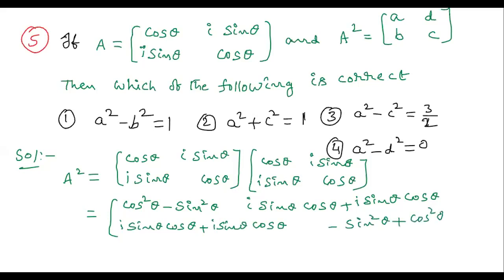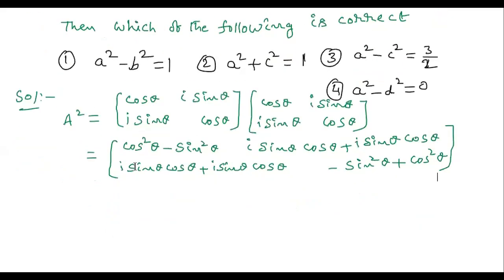Now here observe that cos squared theta minus sin squared theta, what is the formula? Cos 2 theta, or not? Now here we get cos 2 theta, and the last term also gives cos 2 theta. And here i sin theta cos theta plus i sin theta cos theta is i into 2 sin theta cos theta. The 2 sin theta cos theta formula is sin 2 theta, or not? Now this is also i sin 2 theta.